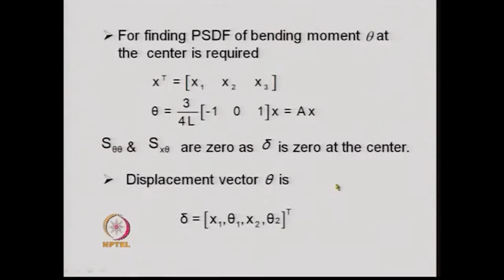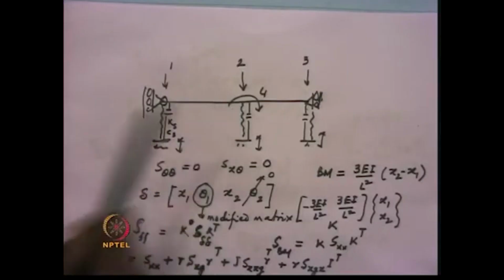Then we obtained the displacement power spectral density function for the 3 displacements, using the same procedure that we have discussed before, but now we are interested in finding out the power spectral density function of the bending moment at the center.